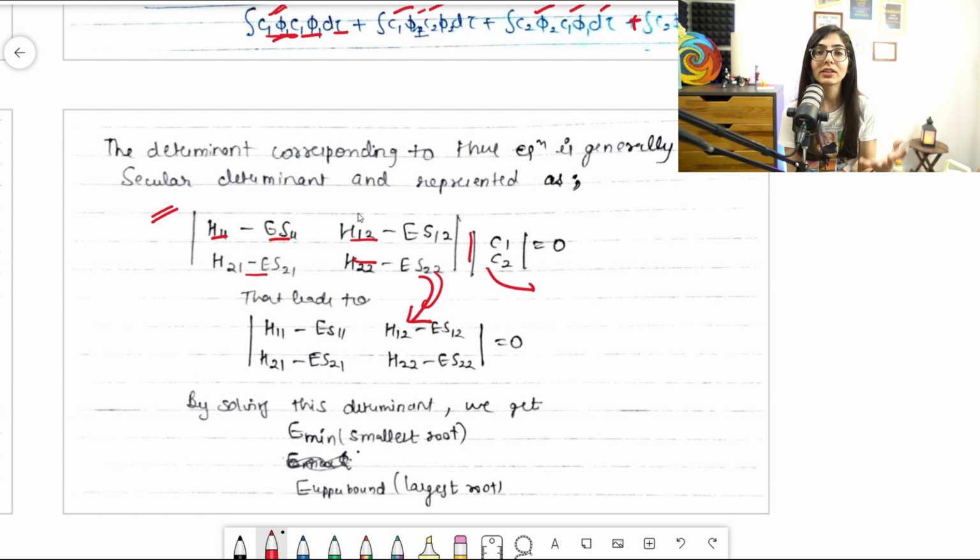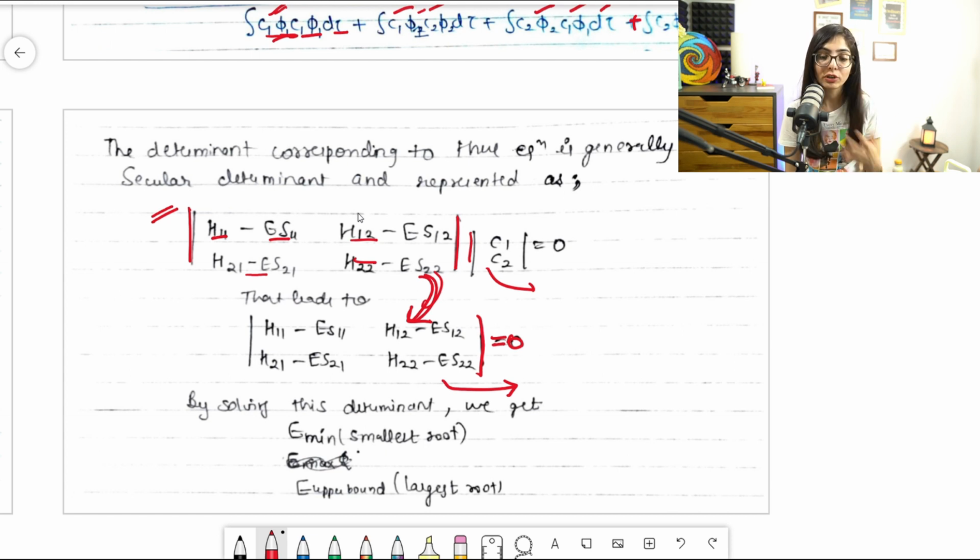So guys, to find the value of energy, we'll put this whole determinant equal to 0. Okay, I have put it equal to 0, and then I'll get the value by solving the determinant. For people who don't know how to solve a determinant, you must have studied it in 11th or 12th class. Fine. So people from a bio background, please go to any YouTube video and see how to solve a determinant. It is very easy, although I'll also tell you in my questions, where I'll discuss previous year questions based on it.